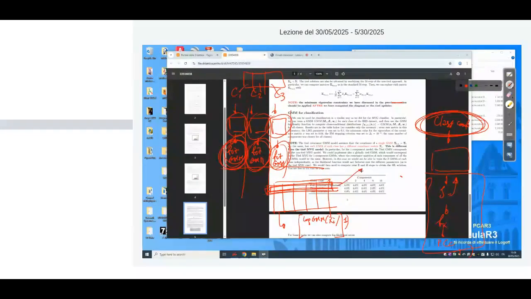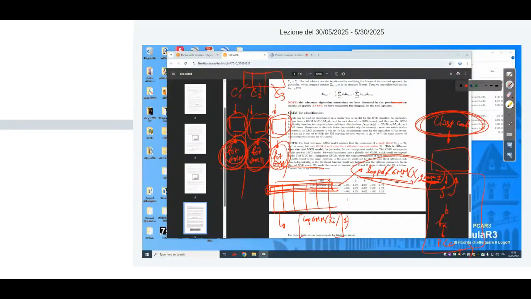How can I compute this if I did the previous laboratory? What was the first step of the laboratory? If this is the GMM for the first class, the log density for all the samples using the GMM for the first class is nothing else than the call to this log PDF GMM function.